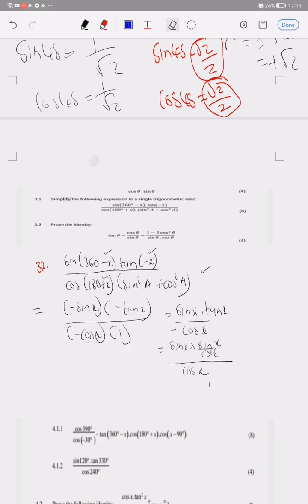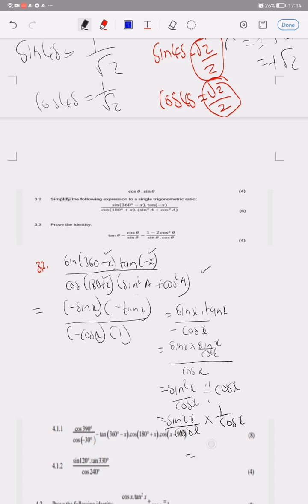Right, okay, so we're supposed to be having sine x squared over cos x divided by cos x. All right, so this becomes sine squared x over cos x times 1 over cos x.